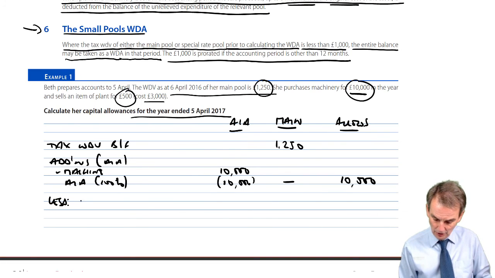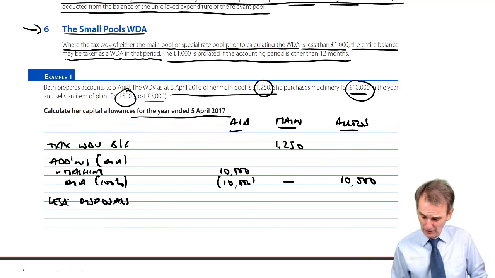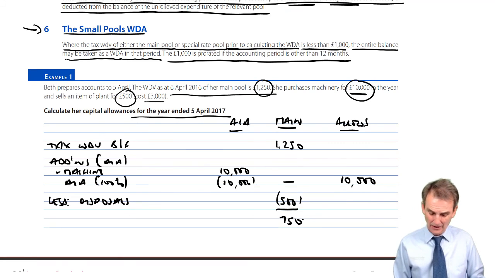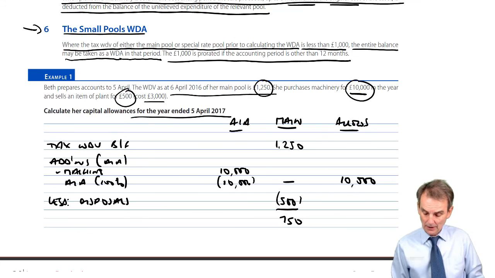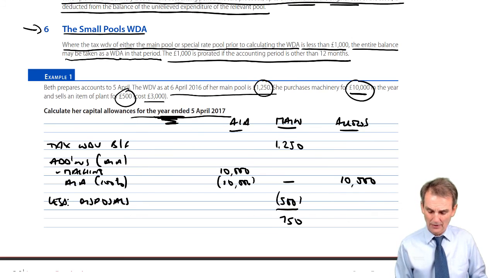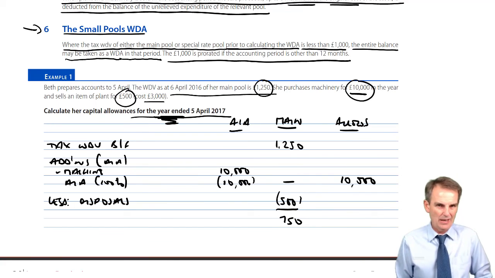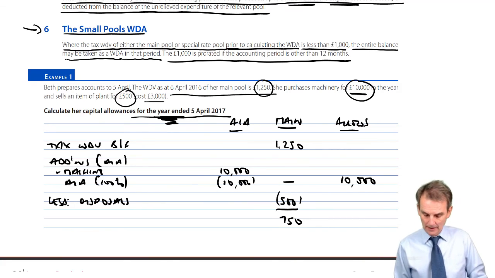No other acquisitions, so we take out disposals. Sales proceeds, as usual, less than original cost. From the main pool, 500 leaves us with £750. £750, less than 1,000, and it's a full year end that we're dealing with here, so the £1,000 is the relevant figure, no need for it to be prorated.